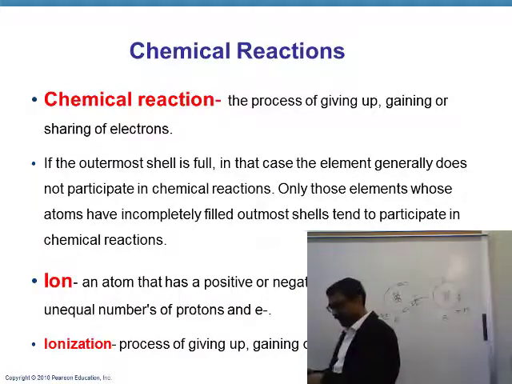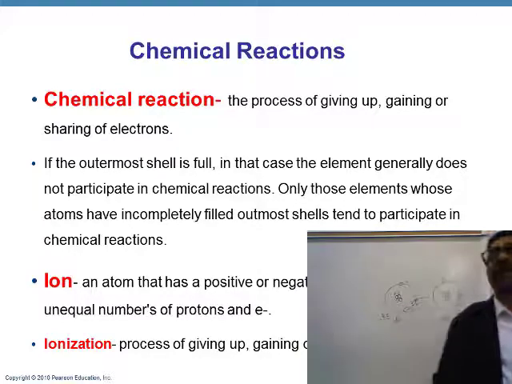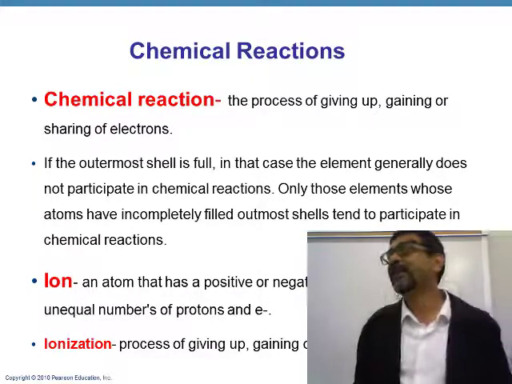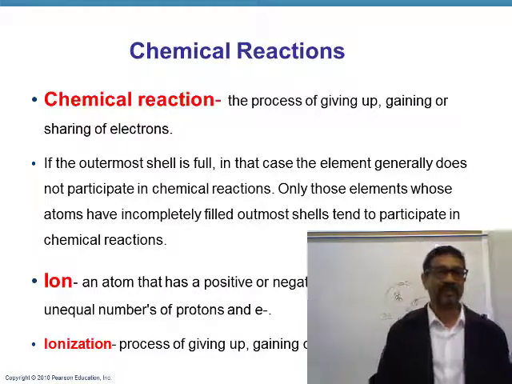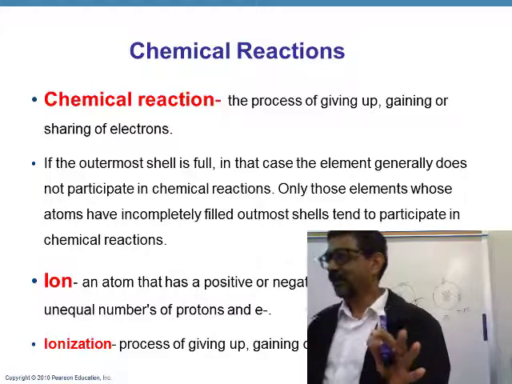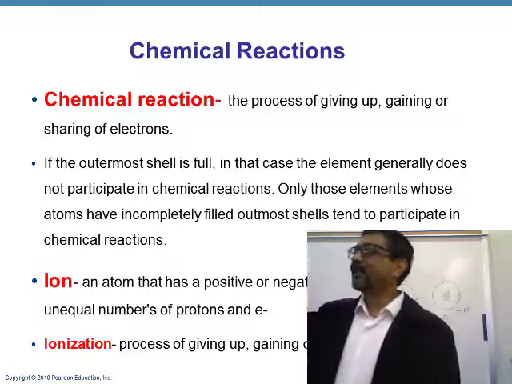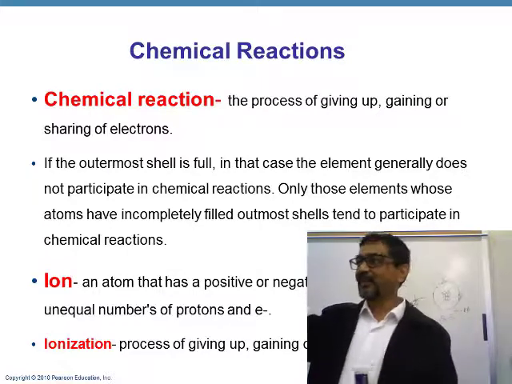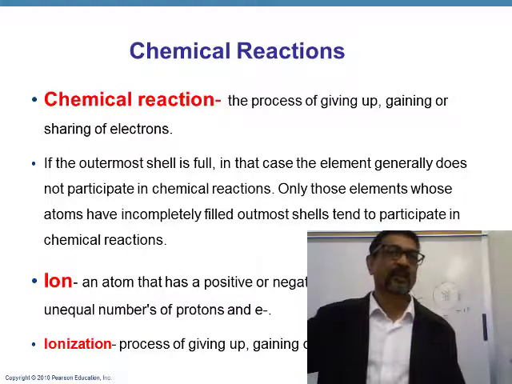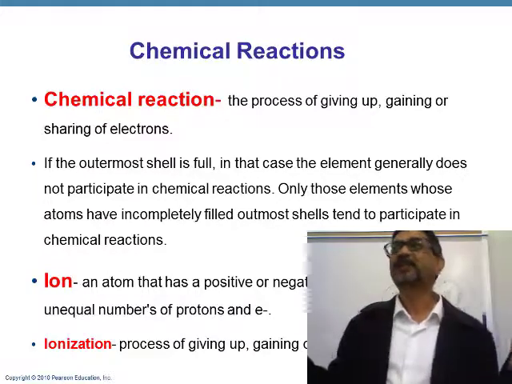Ionization is the process by which atoms gain electrical charge. Is it clear? Atoms are normally what? Neutral, right? Atoms are normally neutral. But if the atom gives up an electron, it will become positive, and if it receives an electron, it will become what?